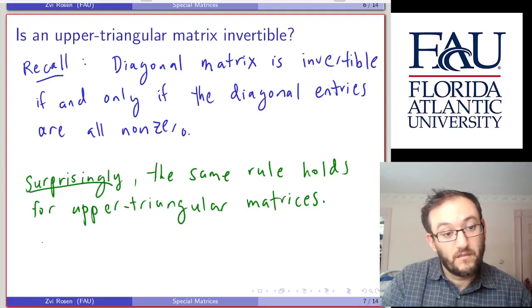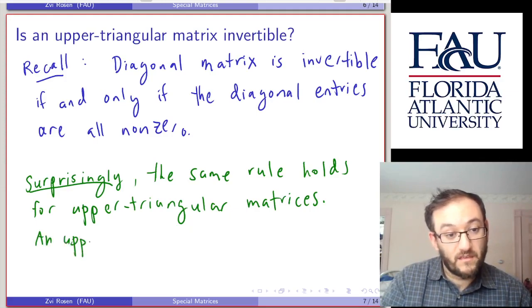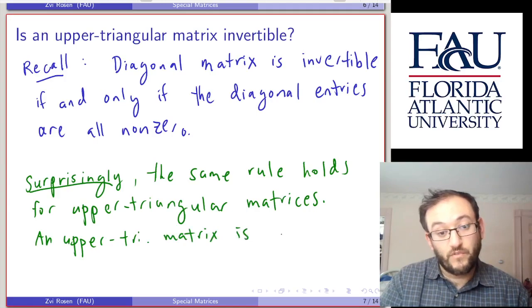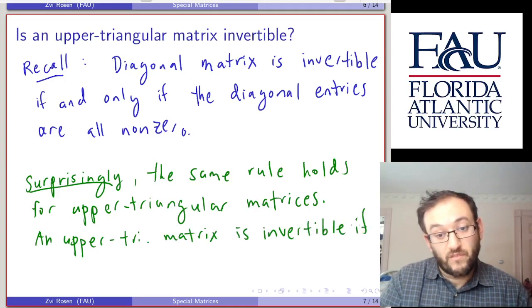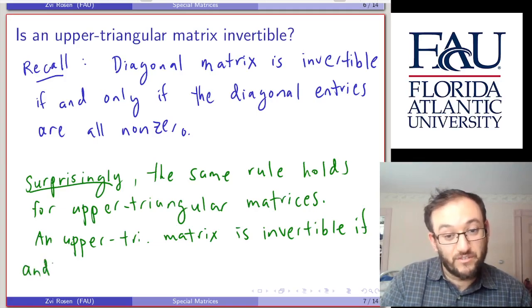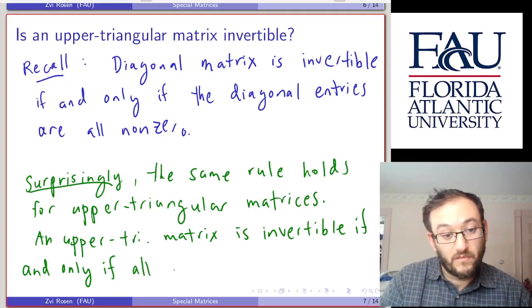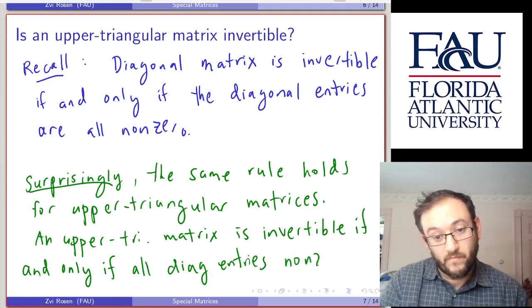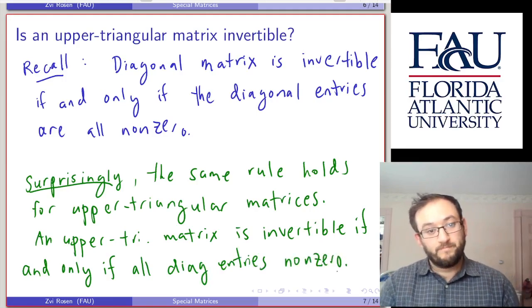Specifically, an upper triangular matrix A is invertible if and only if all its diagonal entries are non-zero.